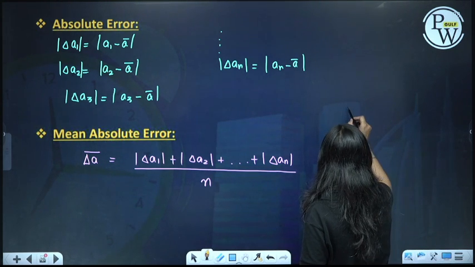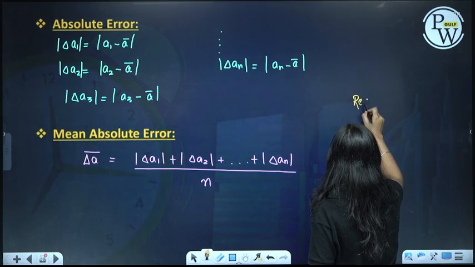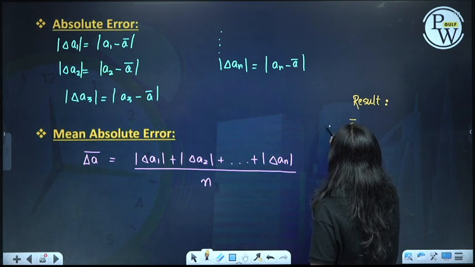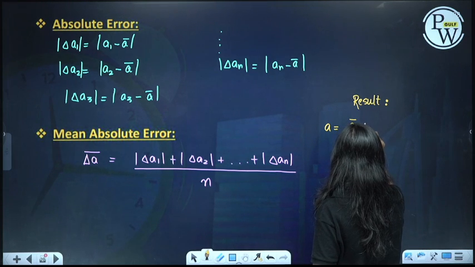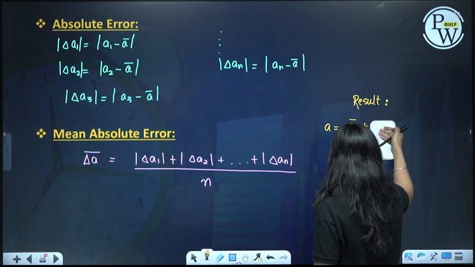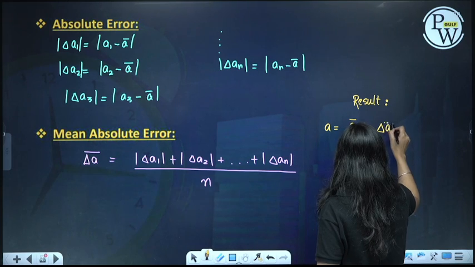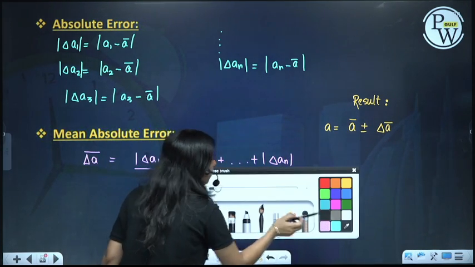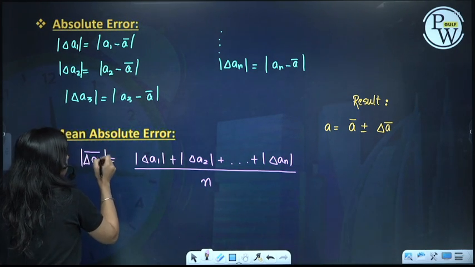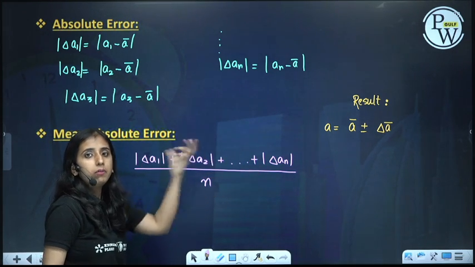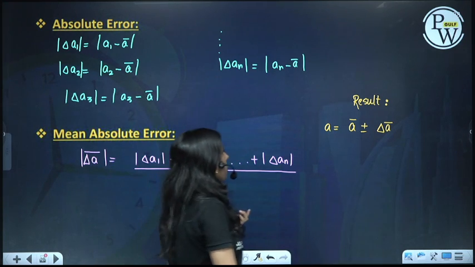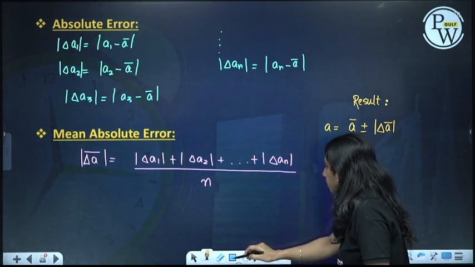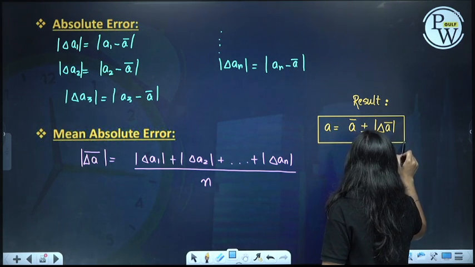Now how will we report the result? The result will be reported as the true value plus or minus delta A mean. If we take the absolute value, we will get a positive value only, so we can write the mod or not write it. It is up to us, but the result will be reported like this.